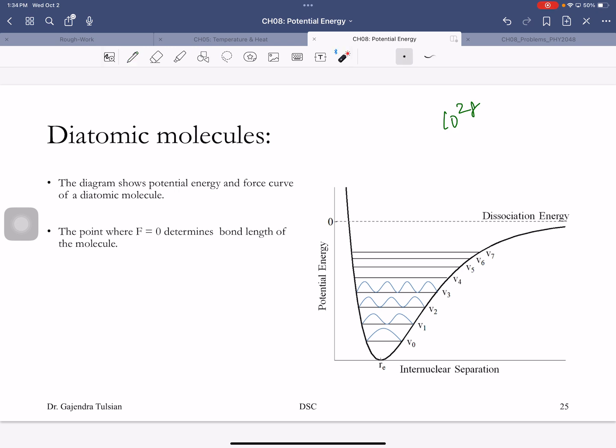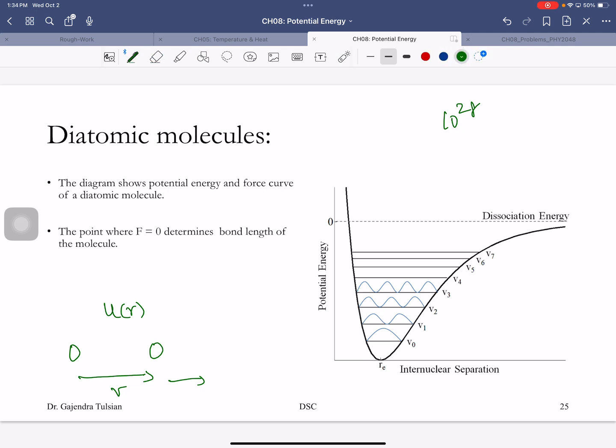Rough answer. Here's the potential energy curve. What this potential energy curve tells you is the following. So here's one nitrogen molecule. Here's another. As you change this distance, the potential energy changes. So if the nitrogen molecule is too close, du by dx is negative. This slope is negative.